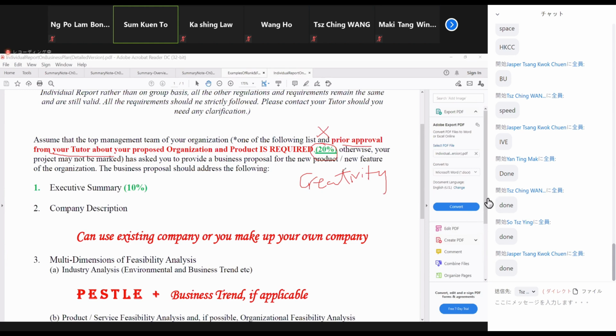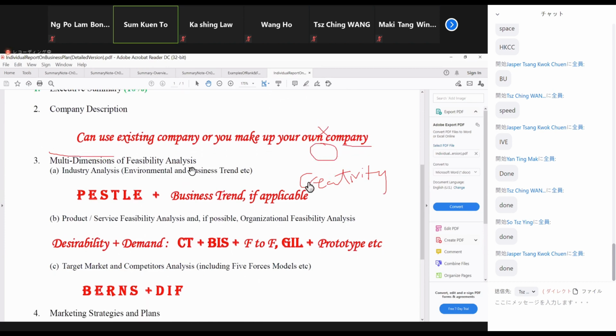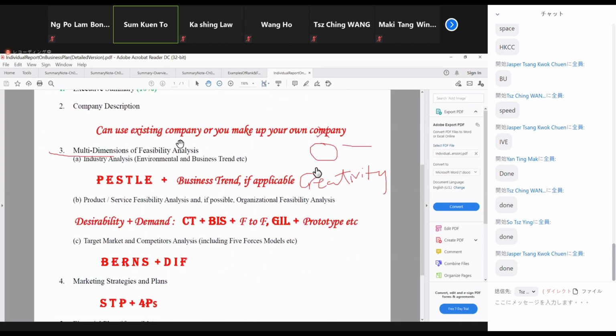As far as the content is concerned, you can see from here, this is what I expect from you, which you have learned most of before. Pesto, business trend.